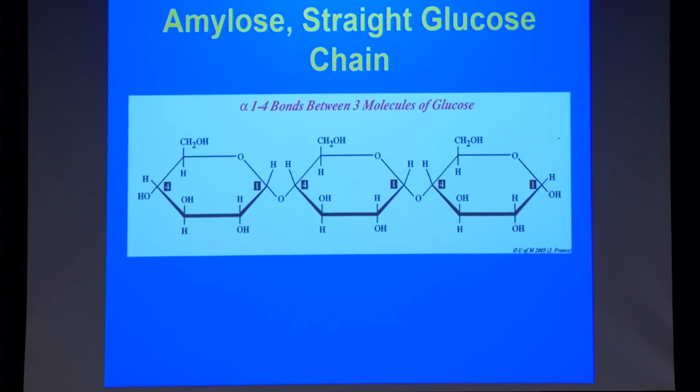Now, there's an added caveat: the organization of this oxygen bond is such that these oxygens always reside below the plane of the 6-membered ring. So these are always below the ring. That makes amylose. Now, that seems like a trivial difference.